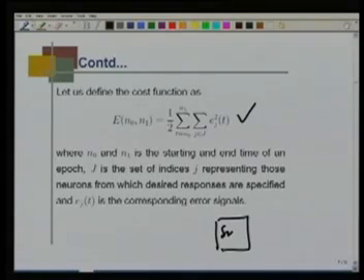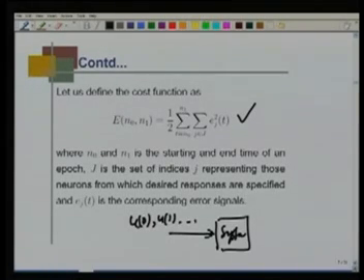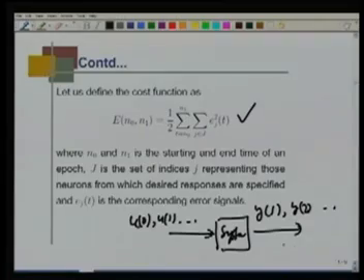That is, I give the system a sequence of input, that is U0, U1 and so on, and then I observe a sequence of output Y1, Y2 and so on, and I collect those data.